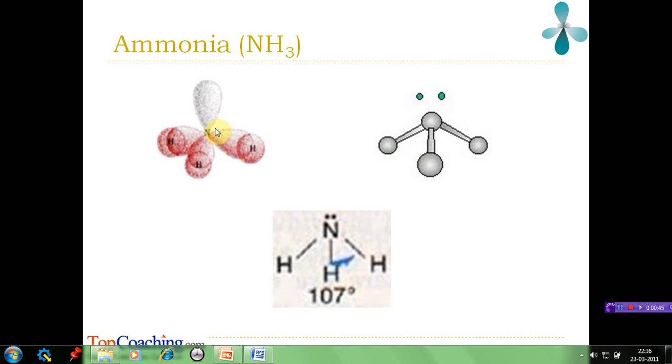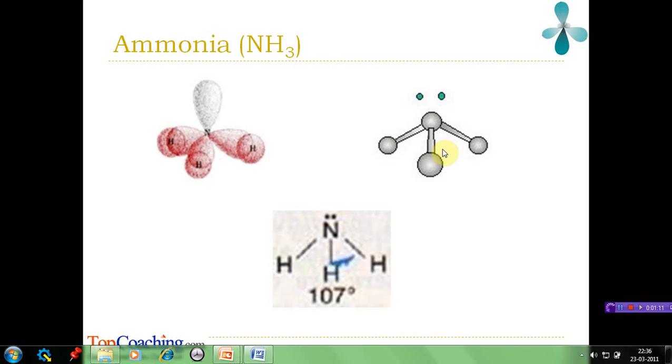The distortion in ammonia molecule is explained by valence shell electron pair repulsion theory. In this case, one of the hybrid orbitals has a lone pair of electrons. Now, according to VSEPR theory, the force of repulsion between lone pair and bond pair is greater as compared to the repulsion between bond pair and bond pair.